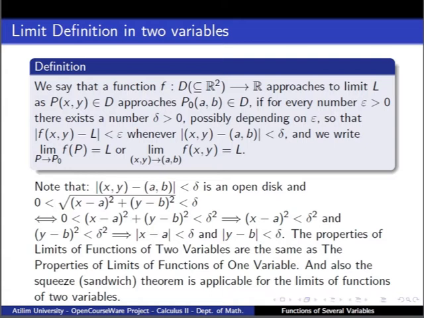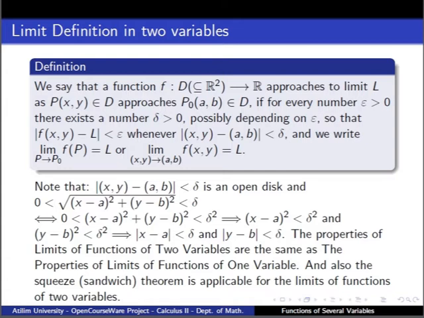As a continuation of those discussions, we can say that the properties of the limit of a single variable function or one variable function are also true for the functions of 2 or 3 variables or n variables. And also in a similar way, the sandwich theorem or the squeeze theorem can also be used for these types of functions that we will deal with.